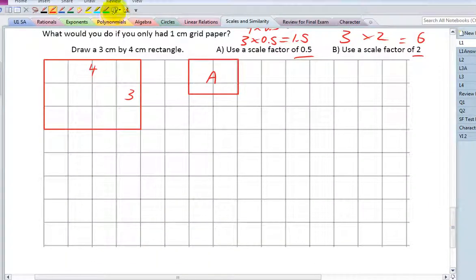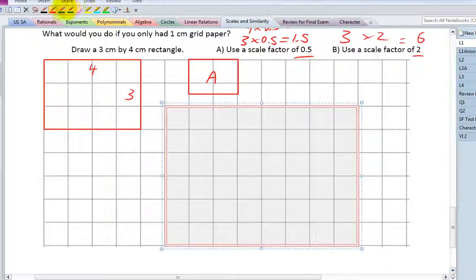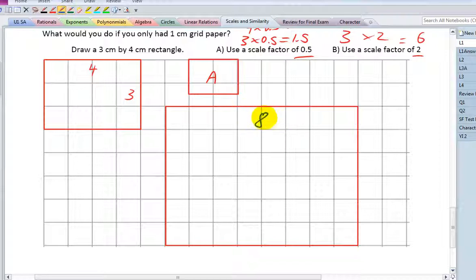So you're going to then go and draw that. 2, 4, 6, 2, 4, 6, 8. And so you'll have 8 centimeters up top by 6 centimeters below. And this one was 3 by 1.5.